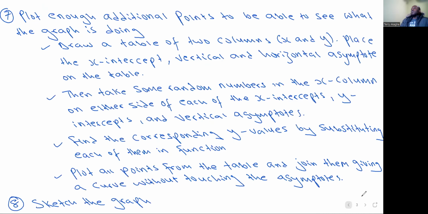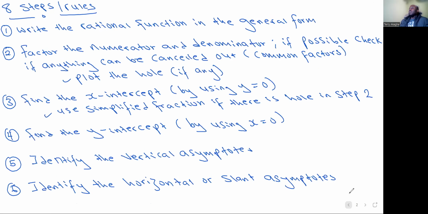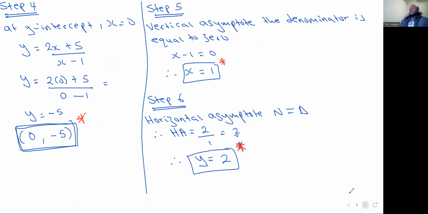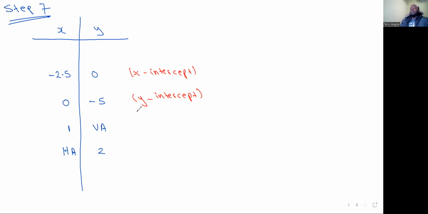So the next thing we're told to do, we can take some random numbers in the x column on either side of the value. So let's get some random numbers now. So we have minus 2.5. So maybe I can put minus 6 here. Okay, just for fun, I can put minus 1 here. Then I can also add maybe, make more space, right?